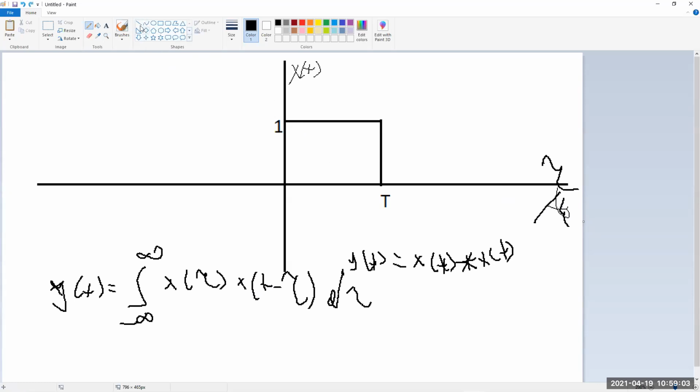Okay, we got this one, and we need x(t minus tau).